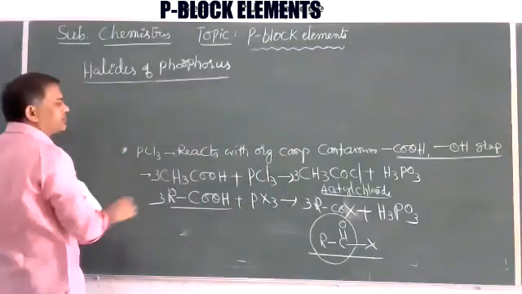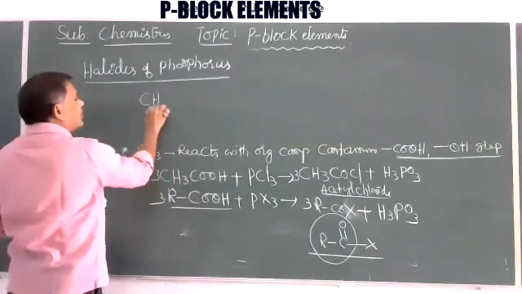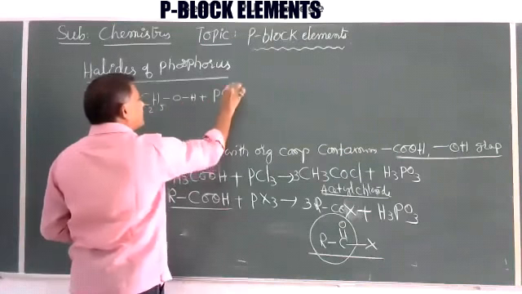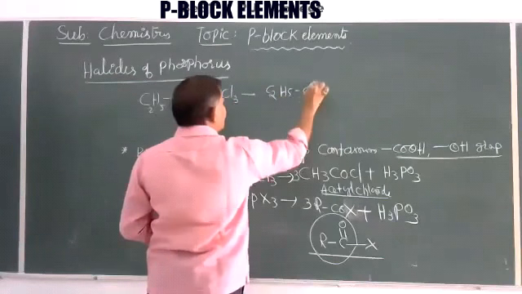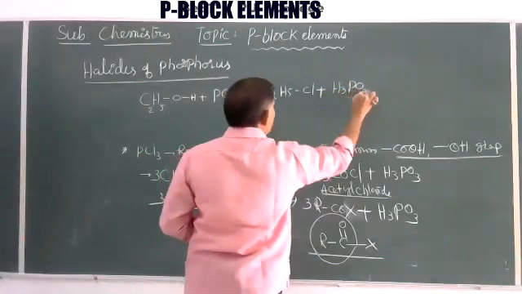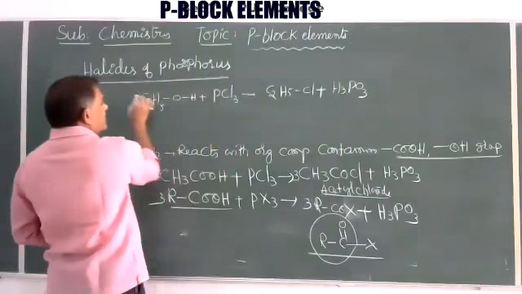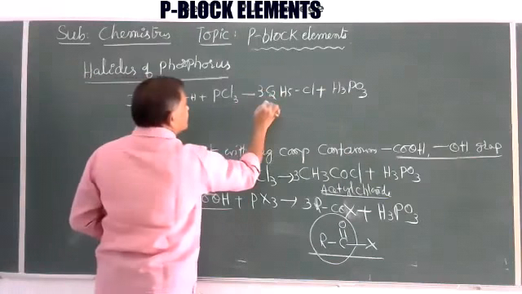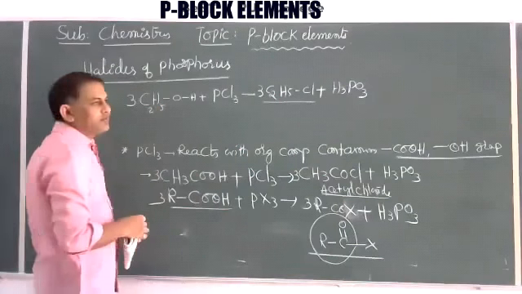Similarly, just like carboxylic acids, we can use alcohols also, like ethyl alcohol. A very important preparation method of chloroethane. Ethyl alcohol, C2H5OH, reacted with PCl3, gives C2H5 bond Cl plus H3PO3 is formed. Here Cl only 1, but here 3 are there. That's why it is multiplied with 3. Then we'll take 3 moles of ethyl chloride or chloroethane.